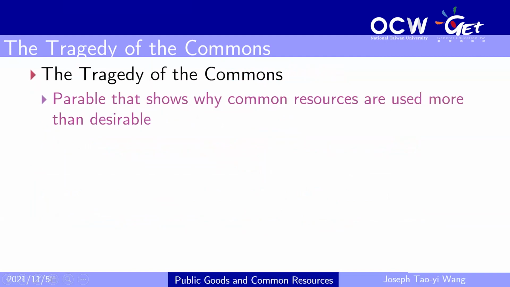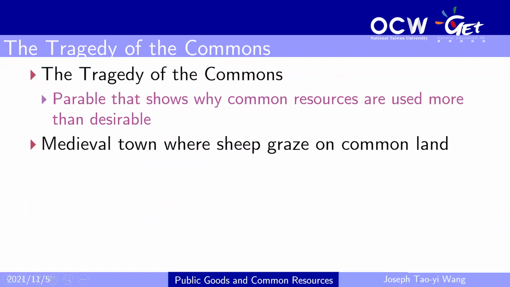So there's this tragedy of the commons, which is a parable about why common resources are used more than optimal or desirable. So you have this medieval town where sheep graze on common land. So there's this common land, everybody can use it, and so everybody brings their sheep to enjoy the grass.